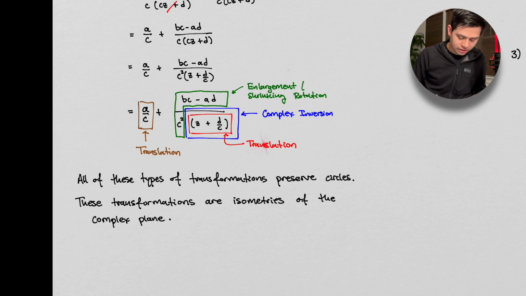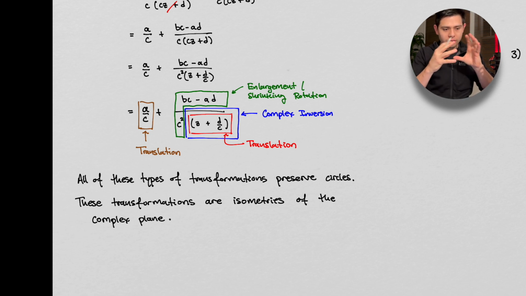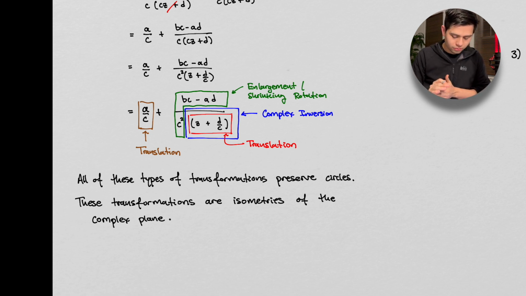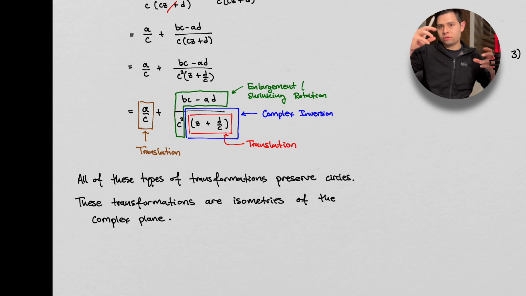When you translate something, you preserve angles. When you rotate something, if it's a continuous rotation, you are also preserving angles. And if you enlarge something, again, angles are preserved. And then we have another translation.